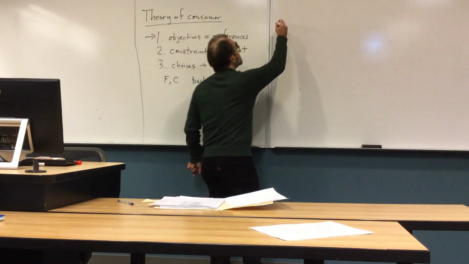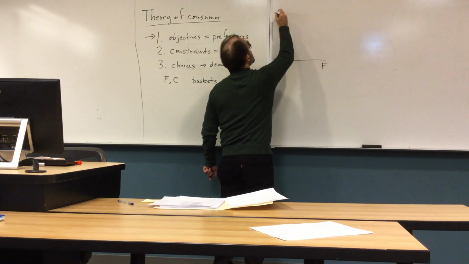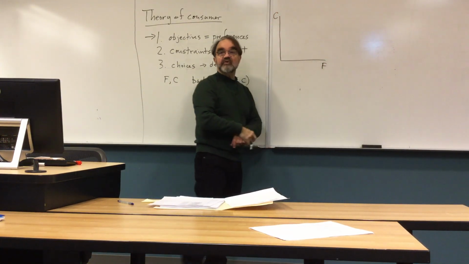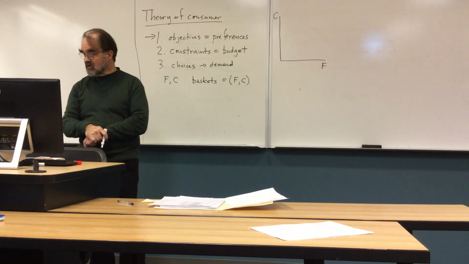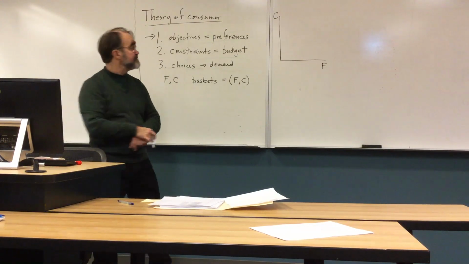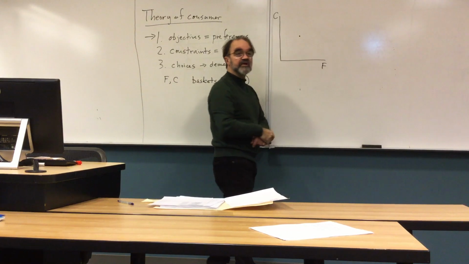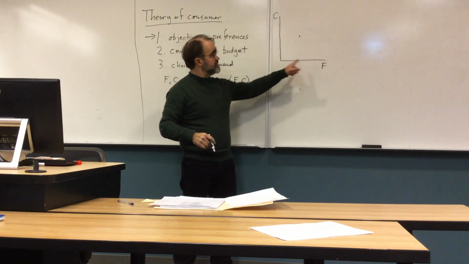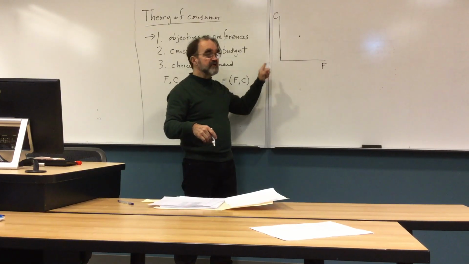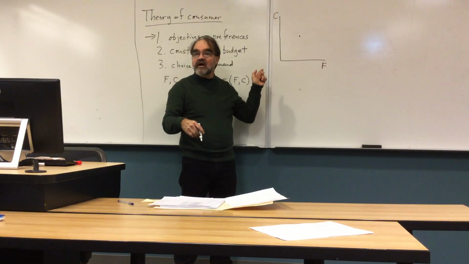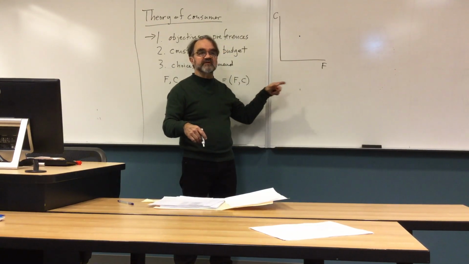And that means that we can graph a basket where the horizontal axis represents the amount of food, the vertical axis represents the amount of clothing, and every point in this upper right quadrant on this graph is a basket. I say upper right quadrant because the other quadrants don't make sense here, right?